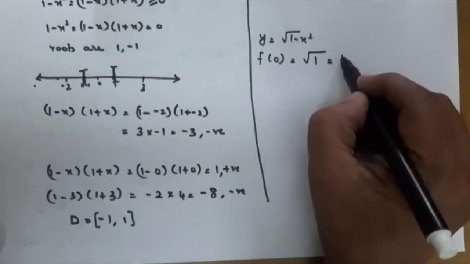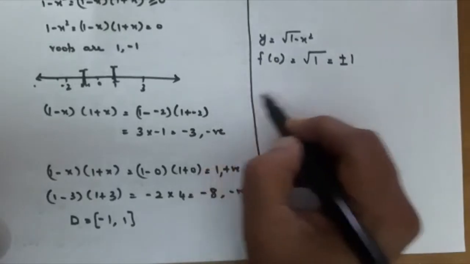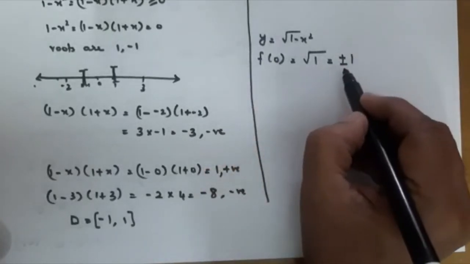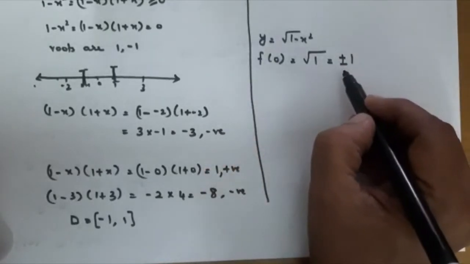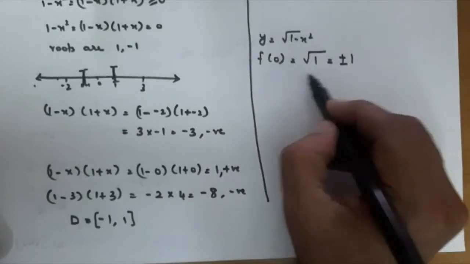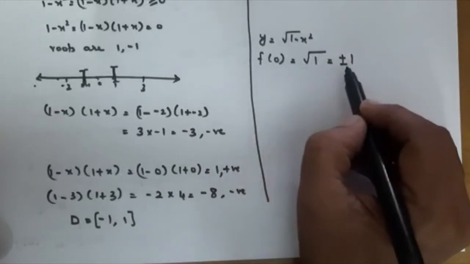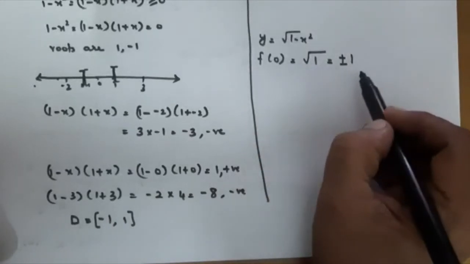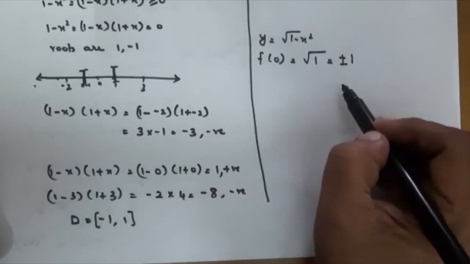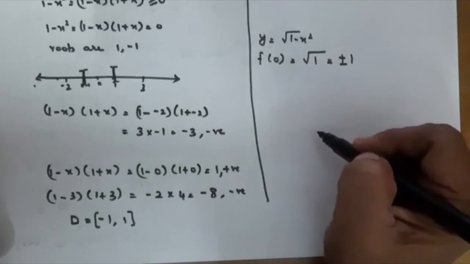You may think of it as plus or minus 1. If you take plus or minus 1 as the images, is it possible for the function? For the element 0, we may get plus 1 and minus 1 as images if you take both roots for root of 1 minus x square. It is against the definition of function.